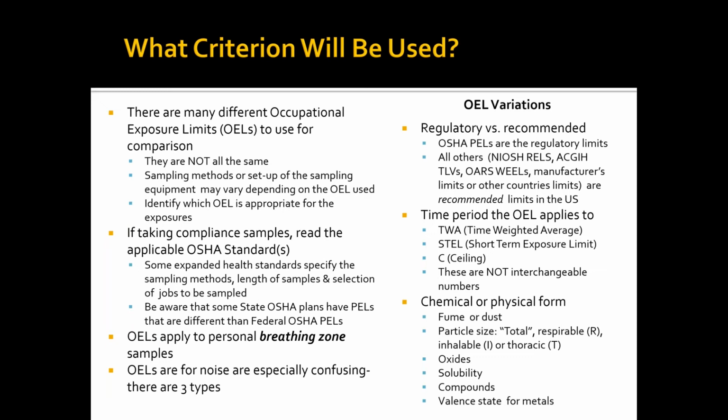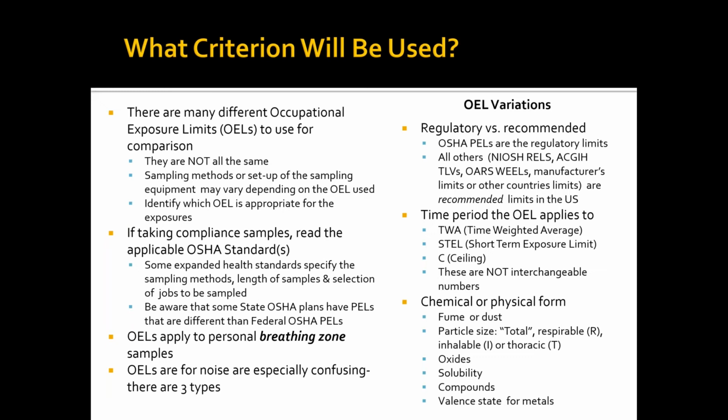Lastly, you need to know a little bit about chemistry, I'd say a lot about chemistry, a little bit about physics, and a little bit of math. I know that's not probably what a lot of you want to hear, but again, what I see very frequently is problems with not understanding some basic chemistry and physical properties of the compounds that you're sampling. I've listed some of these before, knowing whether something is a fume or a dust.